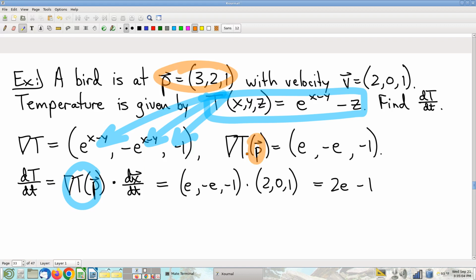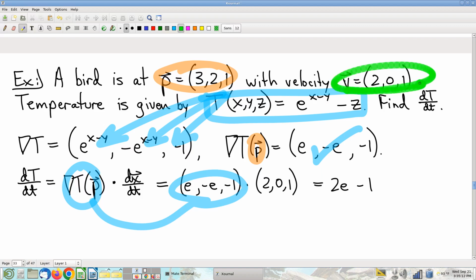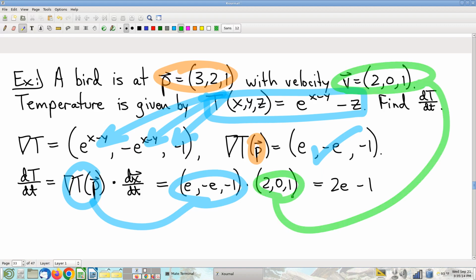Right, and that gradient vector turns into this, and that's what you dot with your velocity vector. Keep in mind our velocity vector is given over here. And so just like on the previous page, this is just gradient dot velocity gives rate of change of the function. What do you think? It's just a different kind of special case of the chain rule, but it's still the chain rule.